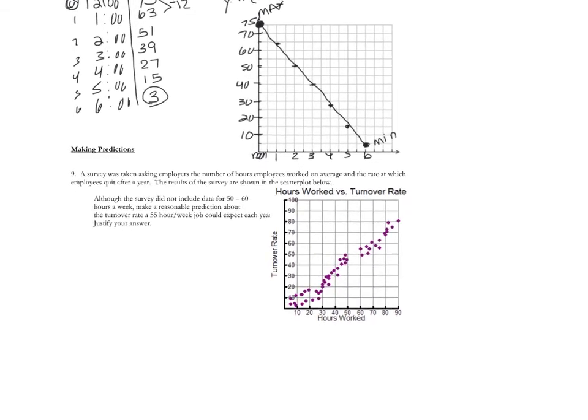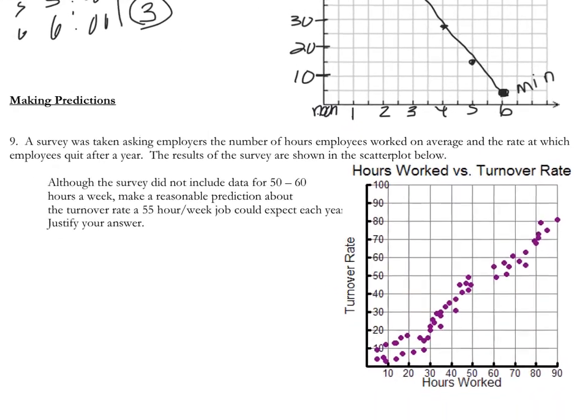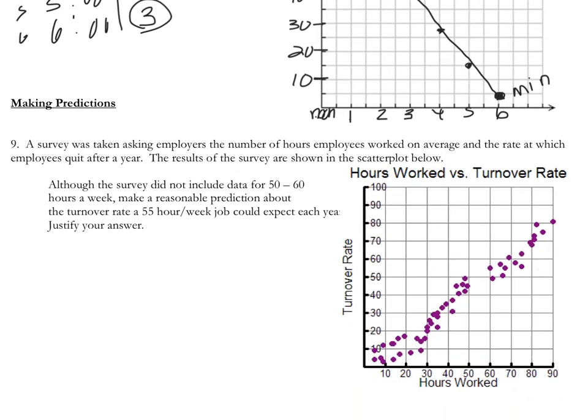All right. Making predictions based off of a scatter plot. So this survey was taken asking employers the number of hours employees worked on average and the rate at which employees quit after a year. The result of the survey is shown in the scatter plot below.